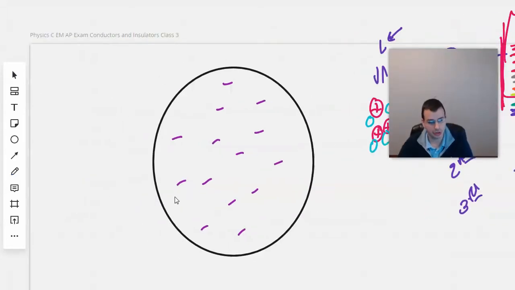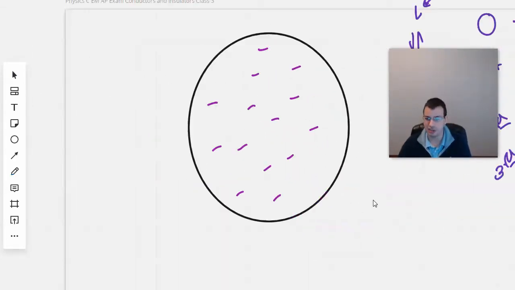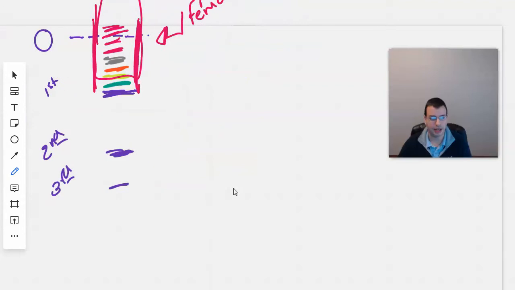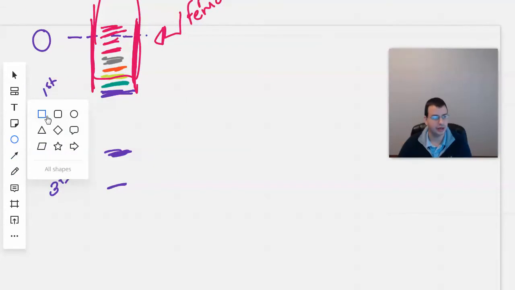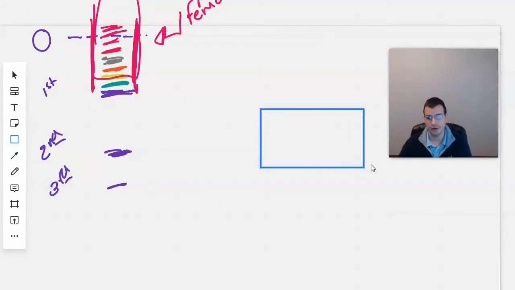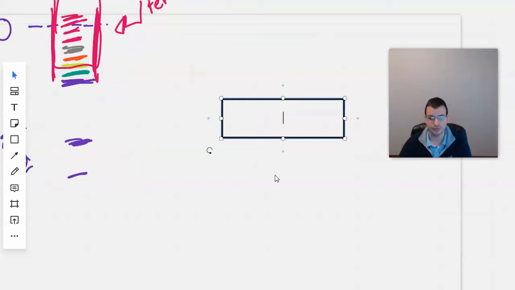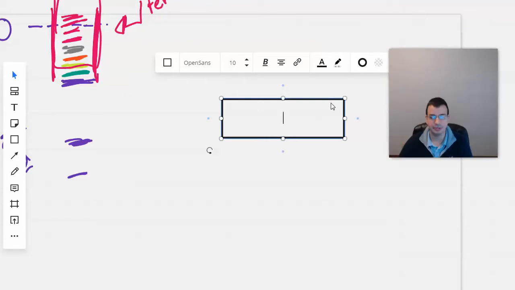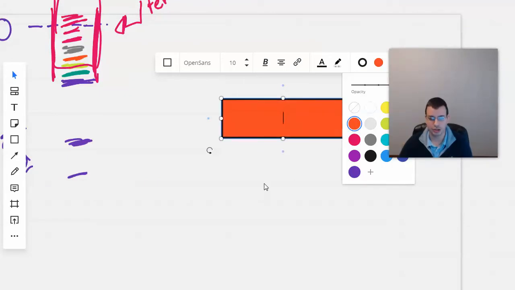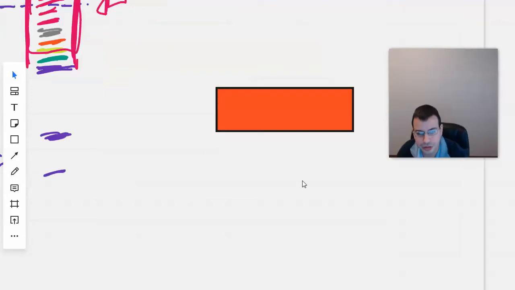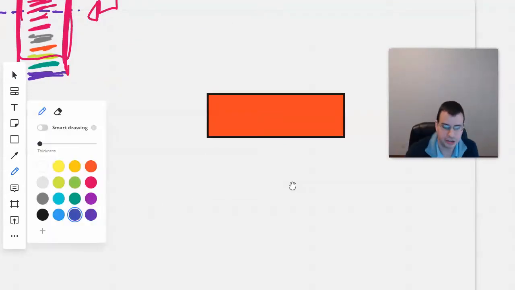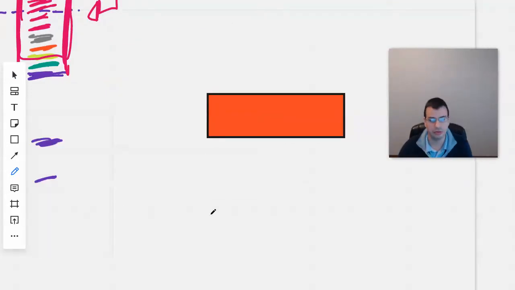So what you normally see with conductors, where this normally applies, is let's say we have a square, like so, and this will be, let's do orange, so it looks copperish. So the idea here then is blue, blue.